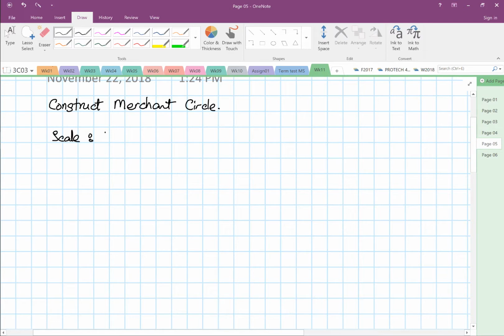For me, I use 1 square. You can use 1 centimeter; I can't, as this is software. Scale: 1 square is equal to 50 Newton. We find that our shear angle is equal to 21.3 degrees. We know that Fp is equal to 1463 Newton, and we know that Fq is equal to 965.